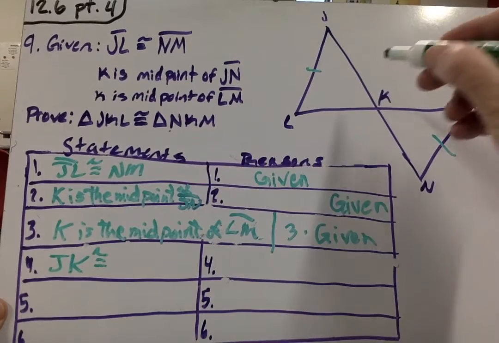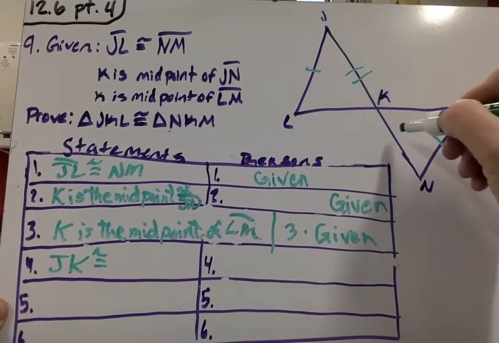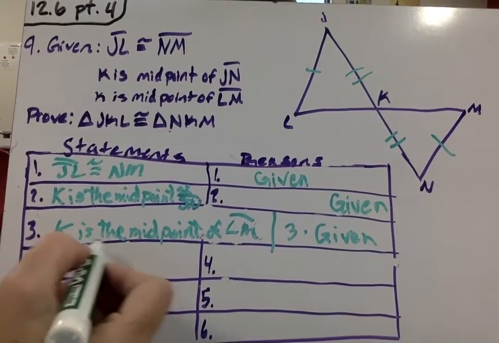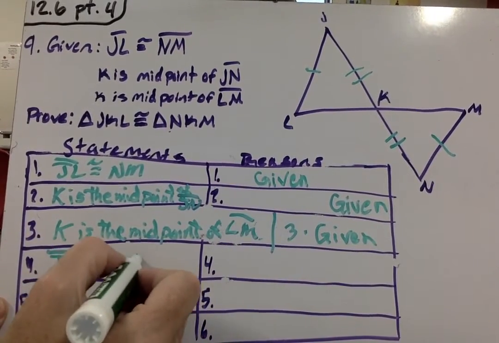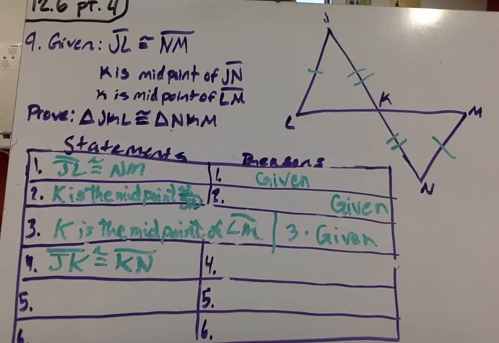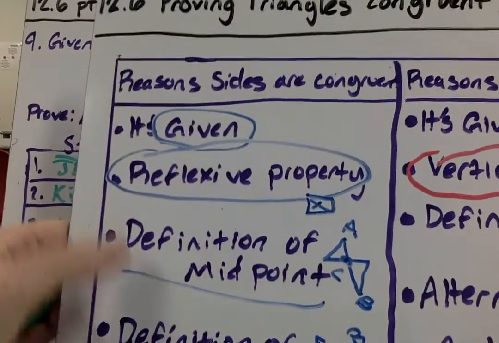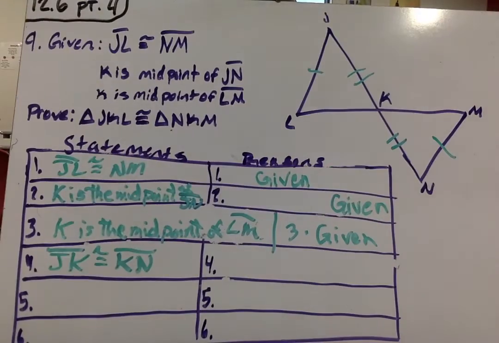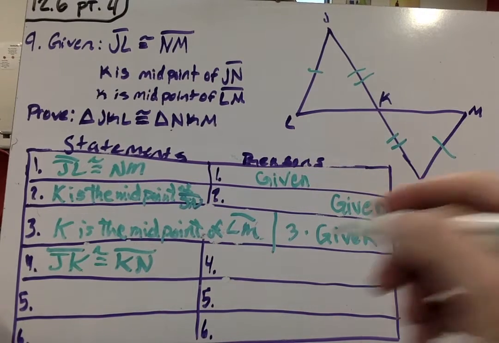What is JK going to be congruent to? KN. And why is that? So we're talking about sides, so we can go back to our original one. Say, what are the ones on sides here? Definition of midpoint, because we were talking about midpoint. So we can put definition of midpoint.